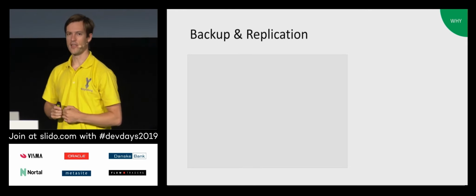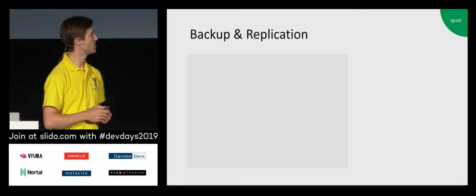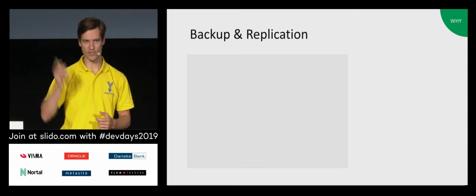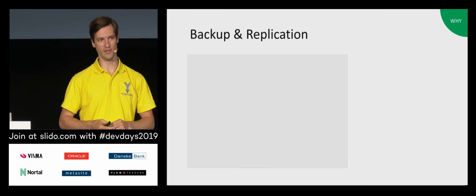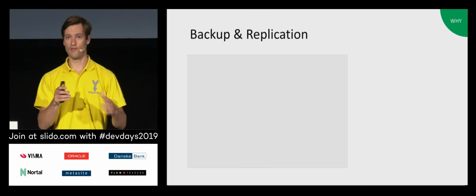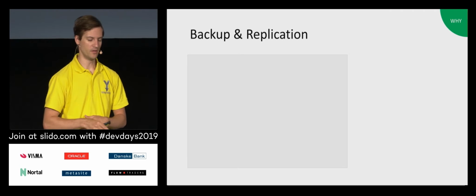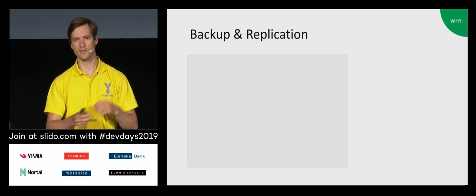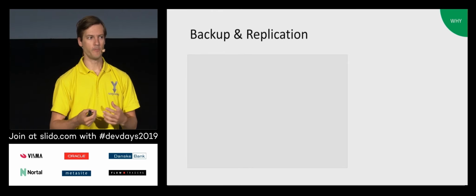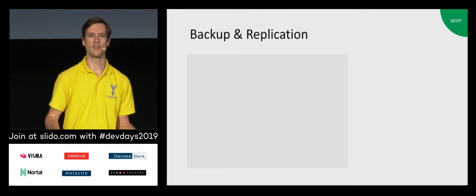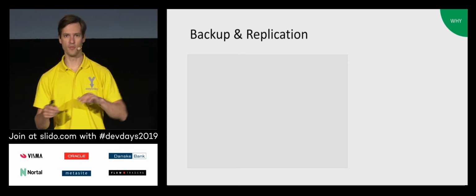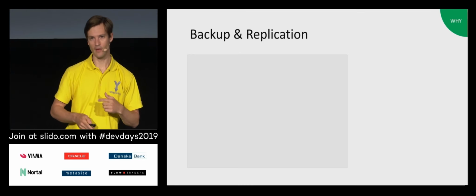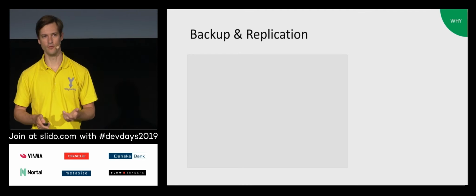Backup and replication then. This is not only for Git, SQL, Oracle, any NoSQL DB has backup built in. But if you've ever configured backup for SQL, for example, then you'll have done monthly backups, weekly backups, different retention policies. The thing with Git is that's not necessary because you already have the possibility to go back to any point in time. And it's actually very simple to do a backup of Git.